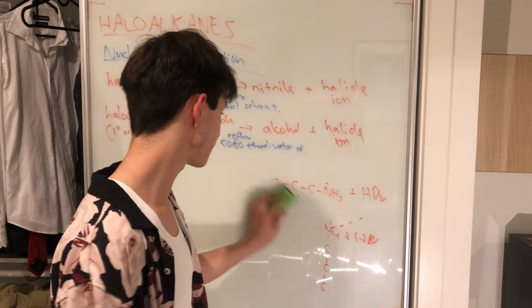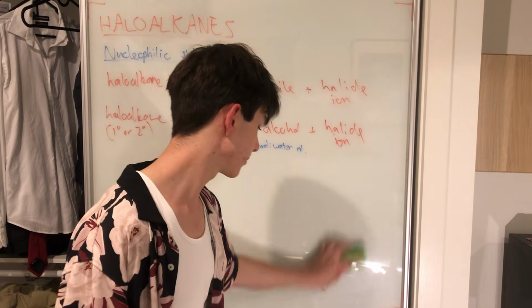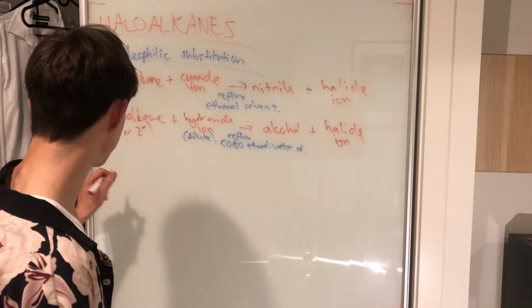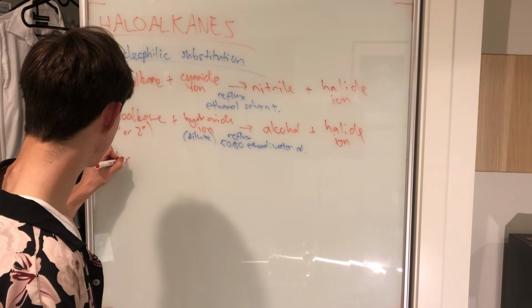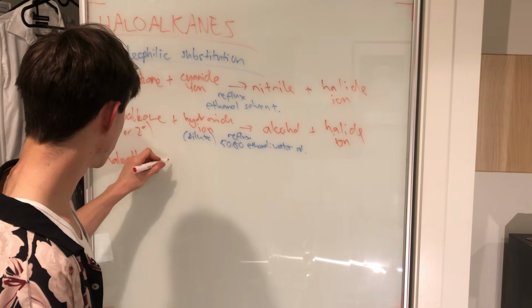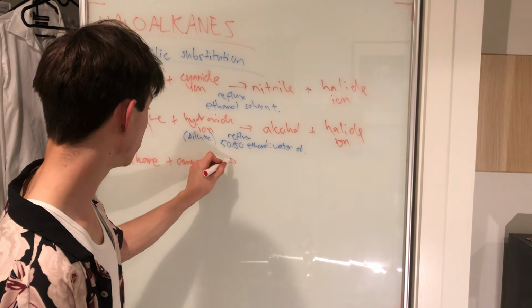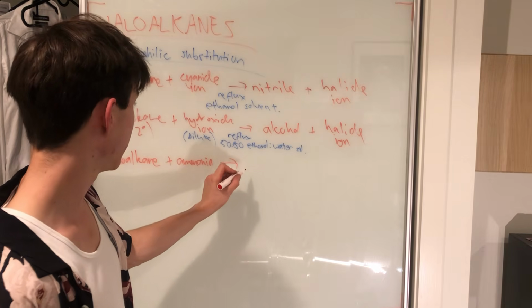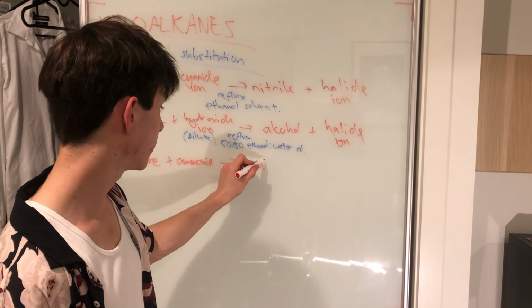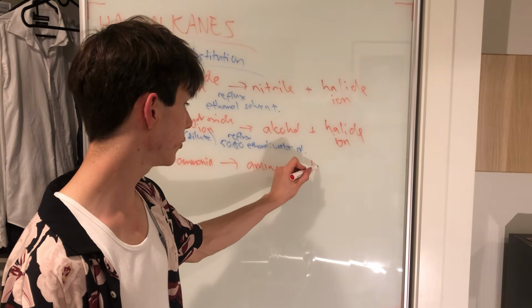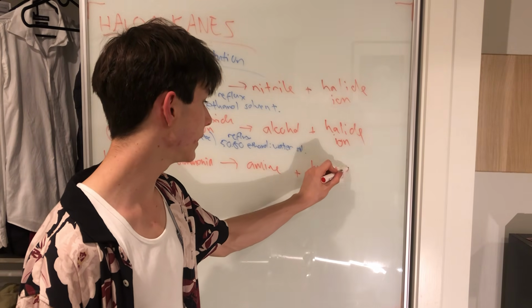But yeah, let's write it out, and we'll get to the conditions. So haloalkane plus ammonia gives you an amine plus hydrogen halide.